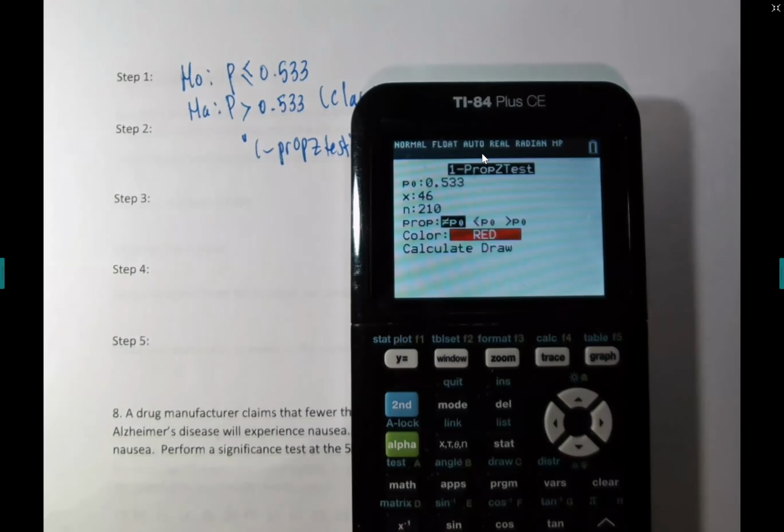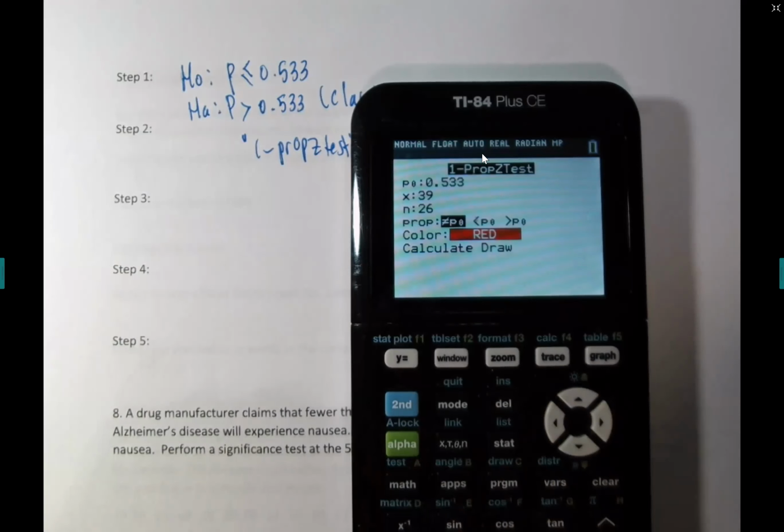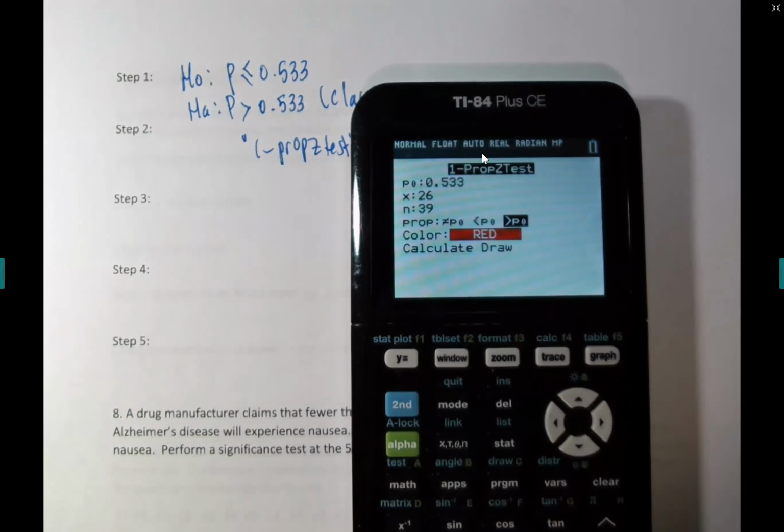So X is, what was it, 39? 26. Oh, sorry, I mixed them up. I would have gotten an error here. And now we need to check greater than. If you guys want to take a screenshot of this while I'm doing that, that's fine with me.